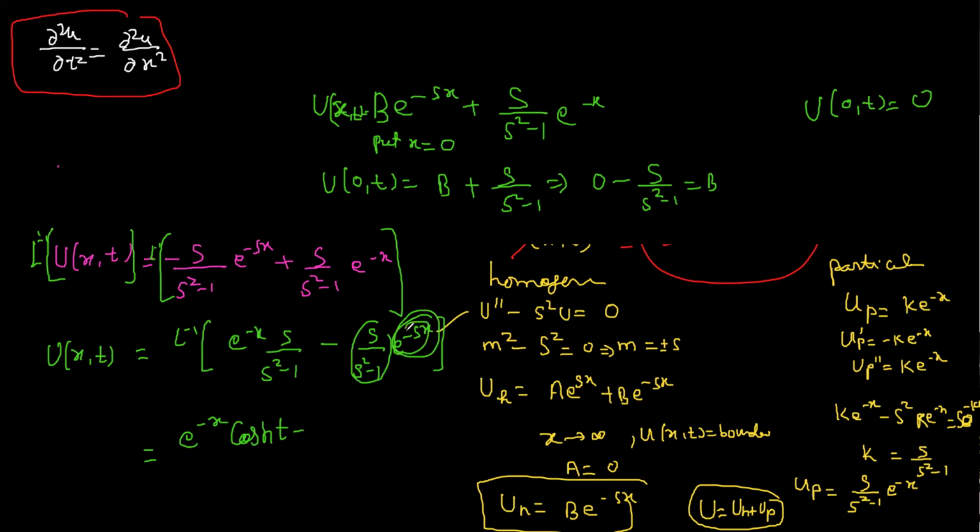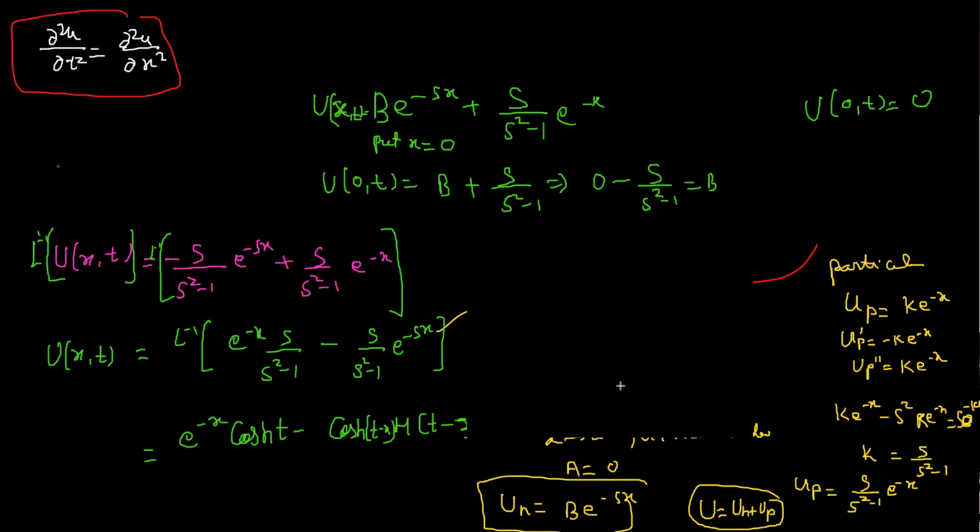This is not constant because s contains in e raised to a. So what will you get? Heavy side function t minus s cos hyperbolic t minus x. This is called heavy side function. Either you can use u also.